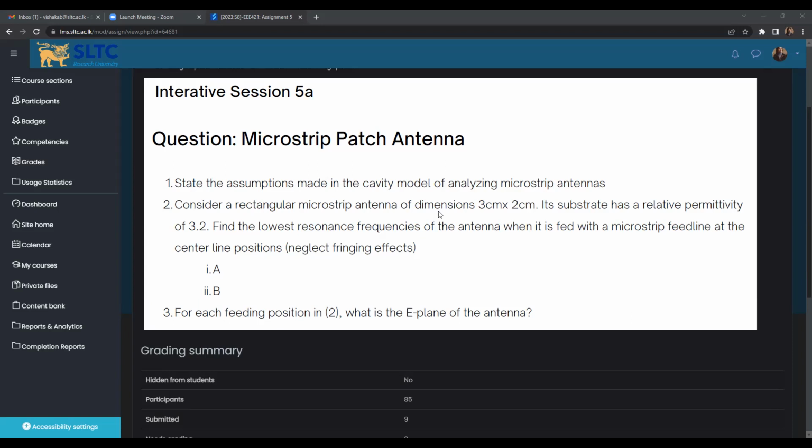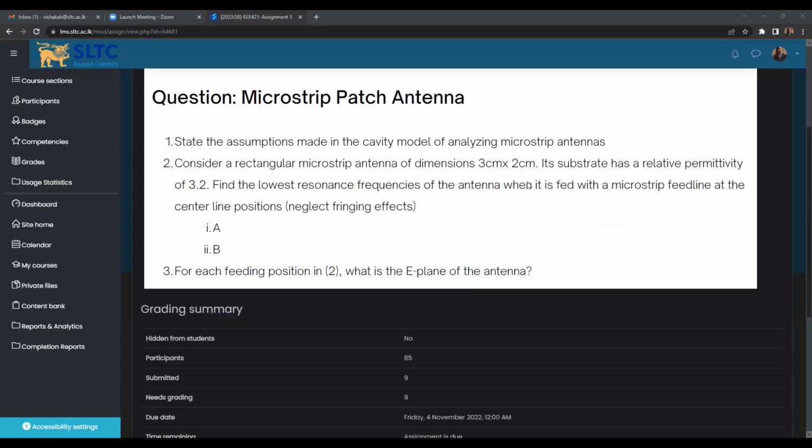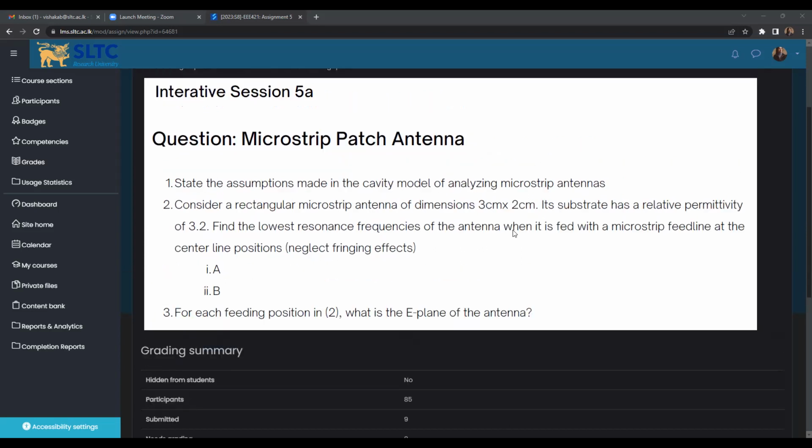Based on the dimensions of the antenna and the position in which we are feeding the wave, the electric field generated in the patch varies. So in this question, we are basically asking about that concept. During the class, I think we discussed this problem.